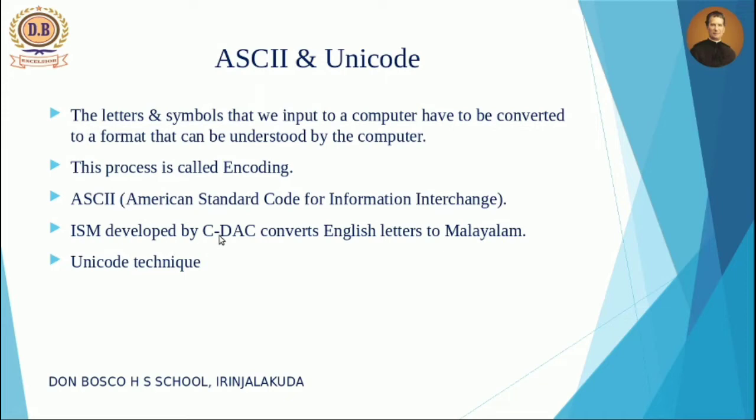So that was the drawback of ISM software. After that, the Unicode technique was developed, which can encode Malayalam letters also. So that was a drastic change for non-English languages. More about this topic is given in your textbook on page numbers 42 and 43. You can refer to your textbook.